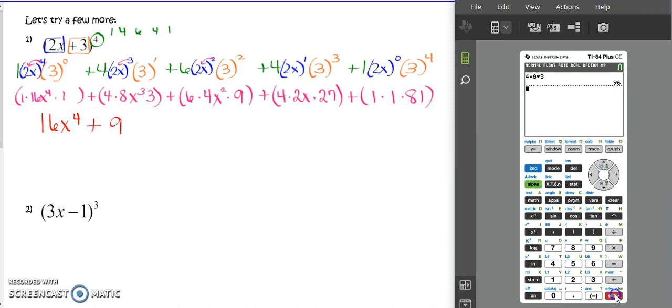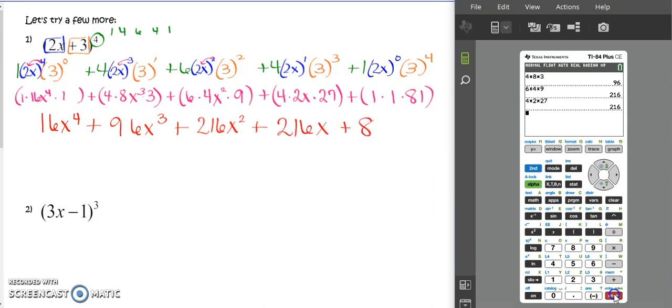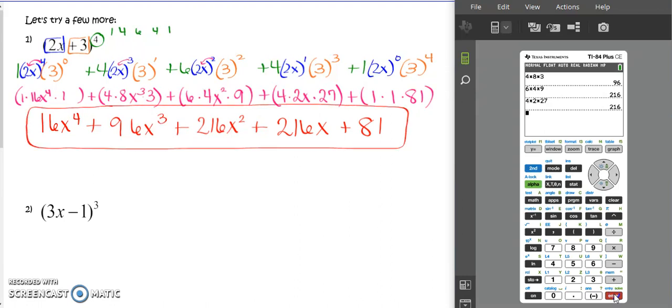So plus 96x to the third, plus 6 times 4 times 9, 216, plus 4 times 2 times 27. 216 again. 216 actually shows up a good bit when we do these expansions. And there you have it.